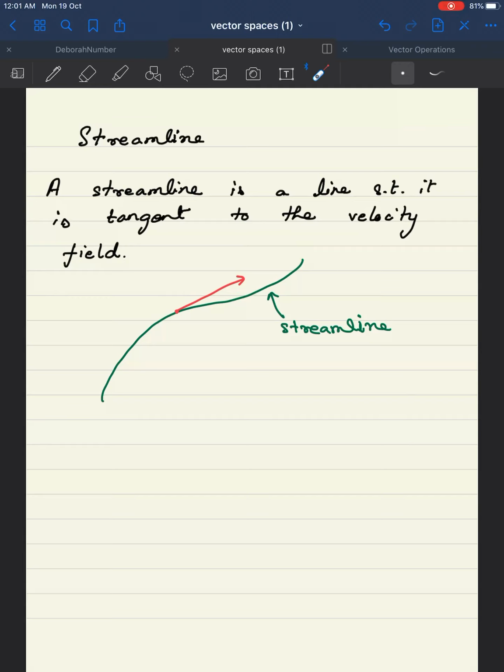So the implication of this is basically there is no flow across a streamline.